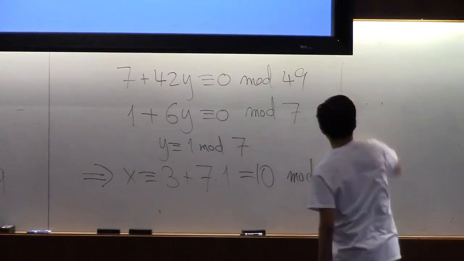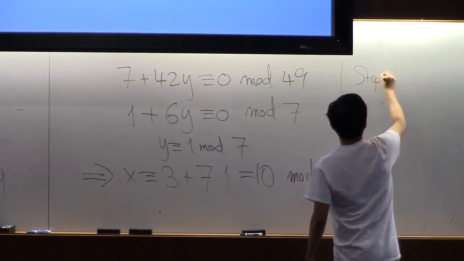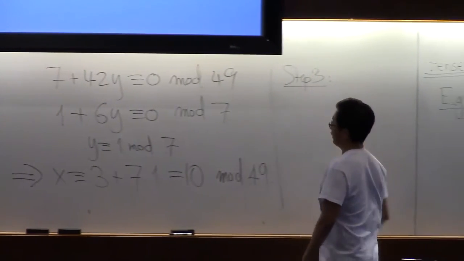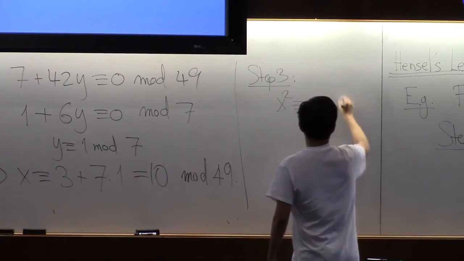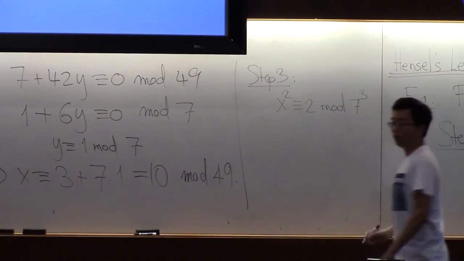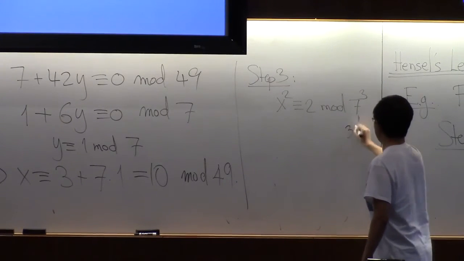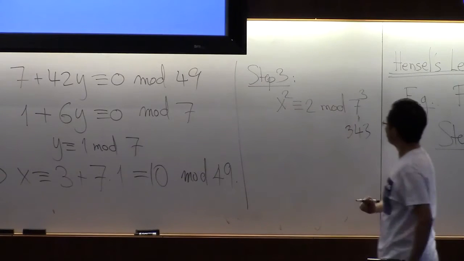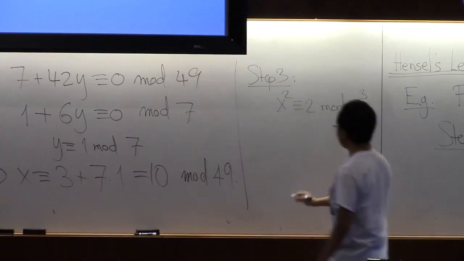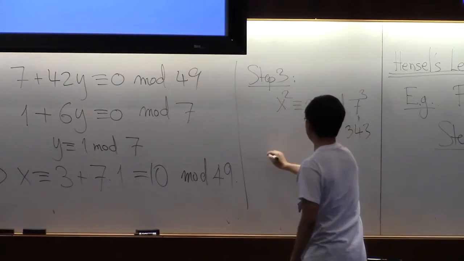And then step 3, you want to solve it modulo 7 cubed. If you want to know what that is, 343. Doesn't matter, it's some number. And again, you don't want the cube, you want the square thing.